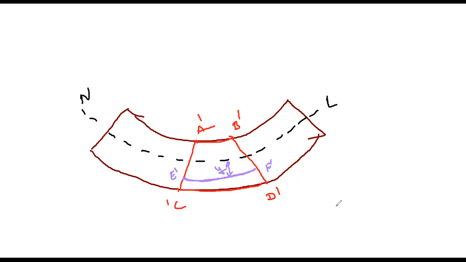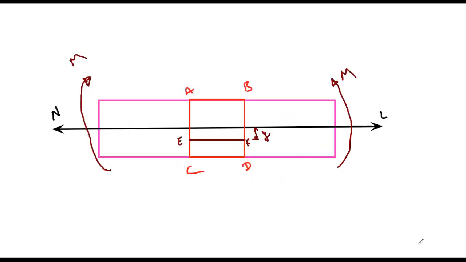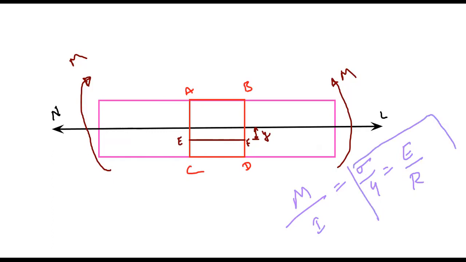Clear? What we have done in this derivation: first we consider a straight beam. In this beam, we consider a neutral layer of the beam. For deriving the bending equation, M by I is equal to sigma by y is equal to E by R, first we need to derive this relationship, then this relationship.